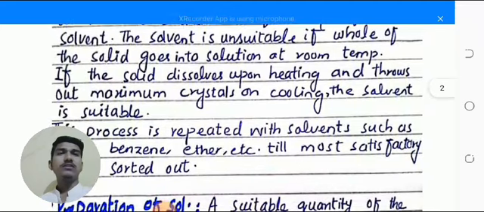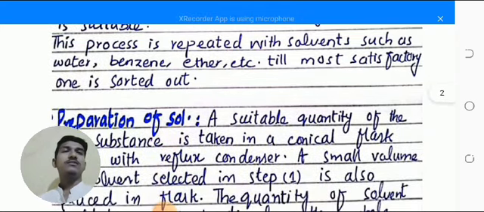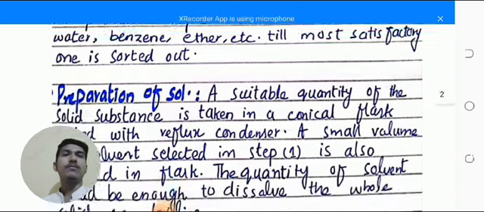If the solid dissolves upon heating and throws out maximum crystals on cooling, the solvent is suitable. This process is repeated with solvents such as water, benzene, ether, etc. till the most satisfactory one is sorted out.